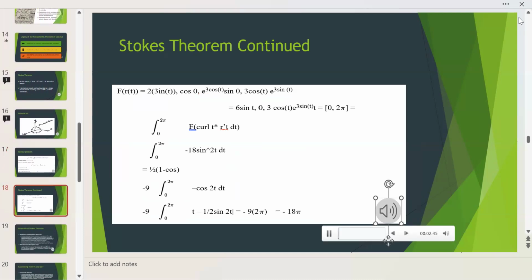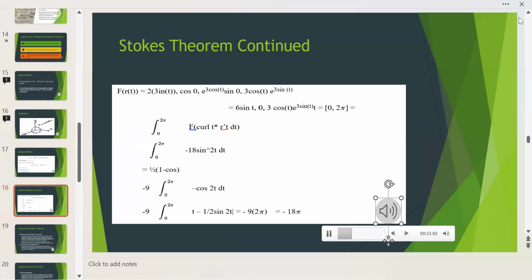So in this case, the integral of F of r of t is equal to 2 times 3 sine t cosine 0, e raised to the 3 cosine t times sine t, and 3 cosine t times e raised to the 3 sine t.